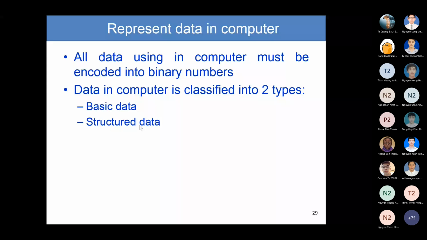when we want to represent a number like 1,000 or 1,000,000, we need a lot of digits in the binary system.